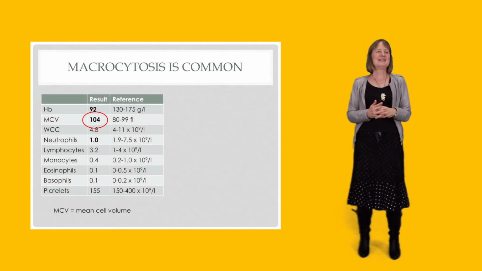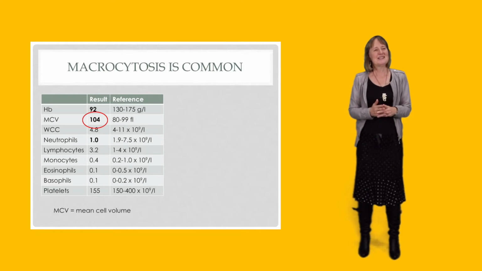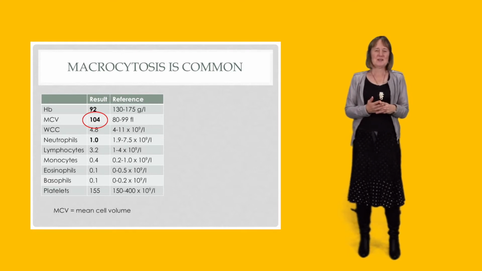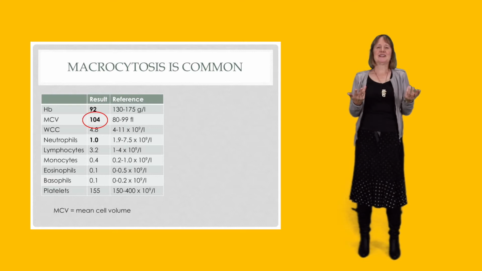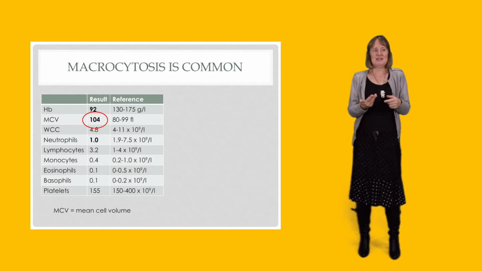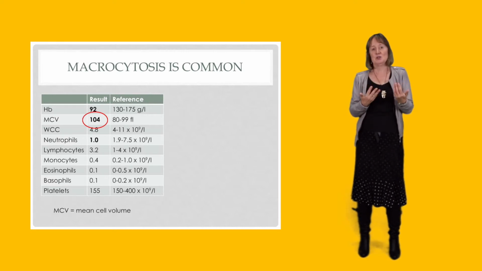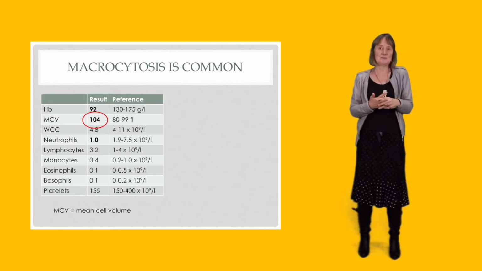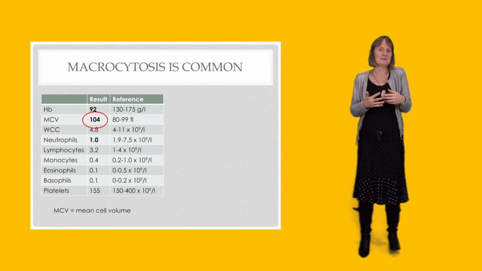This slide is to show you 2 things really. One is the full blood count that might be quite typical of myelodysplasia, showing some cytopenias, so the patient is anemic and neutropenic. This patient doesn't happen to be thrombocytopenic, but they could have been.